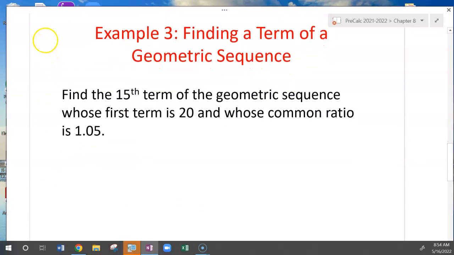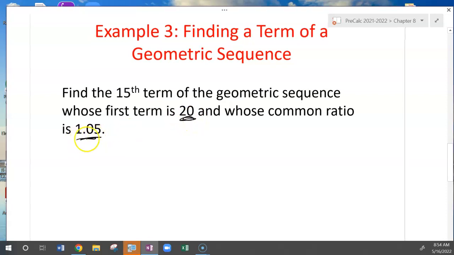All right, now we're going to find the 15th term of the geometric sequence whose first term is 20 and whose common ratio is 1.05. So I know my first term is 20. So a sub n is going to equal 20, and then I'm going to multiply this by 1.05. Now, do I go to the n? If I do it to the n, then my first term wouldn't be 20.